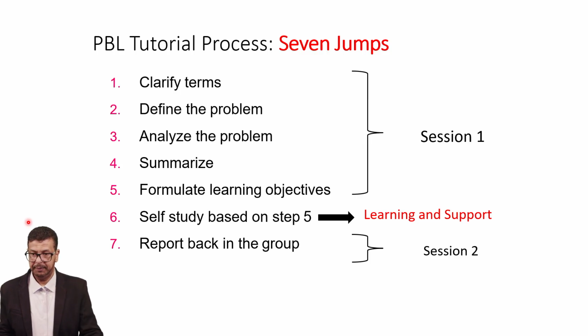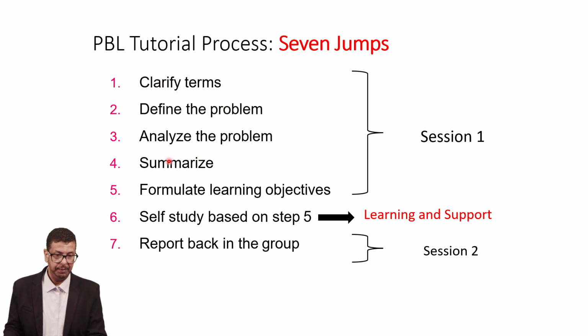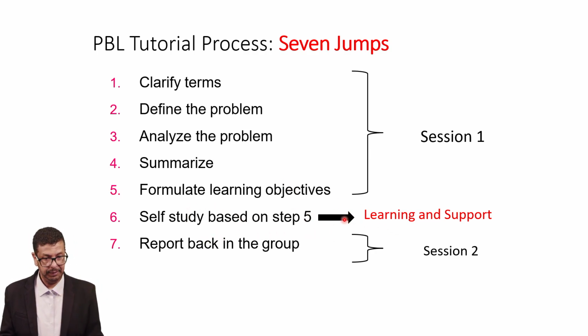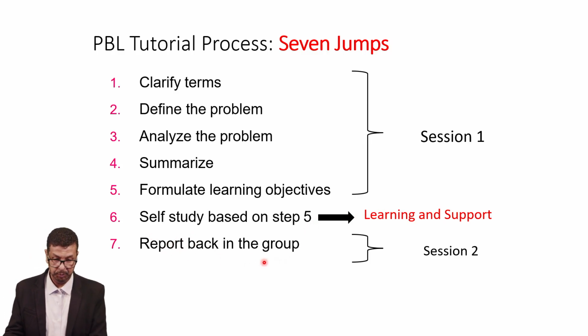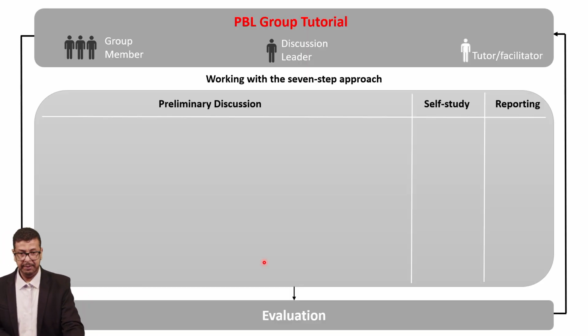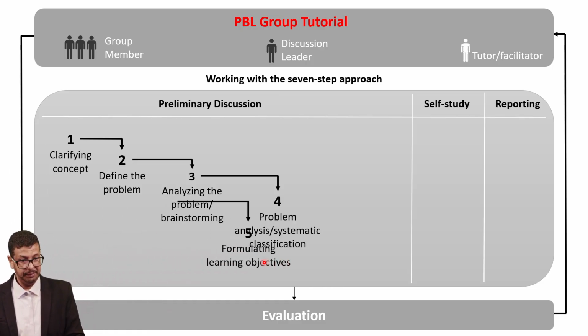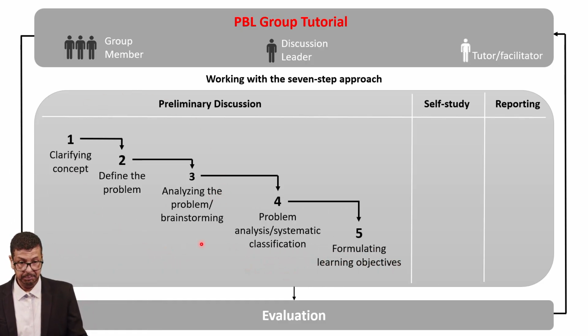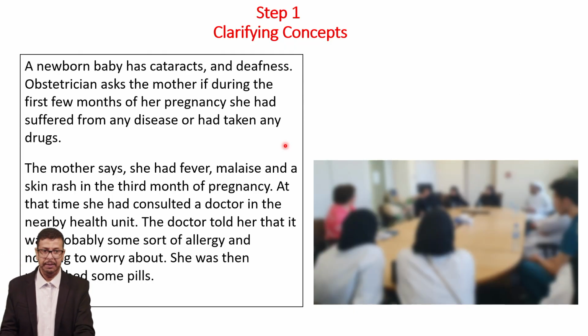In the first session, there are 5 jumps: start by clarifying the terms, defining the problem, analyzing the problem, then doing the summary and formulating the learning issues, then self-study and clinical sessions in between, and then reporting back to the group. This is in session 1, basically brainstorming, then self-study, and then session 2. Let us go through the steps.